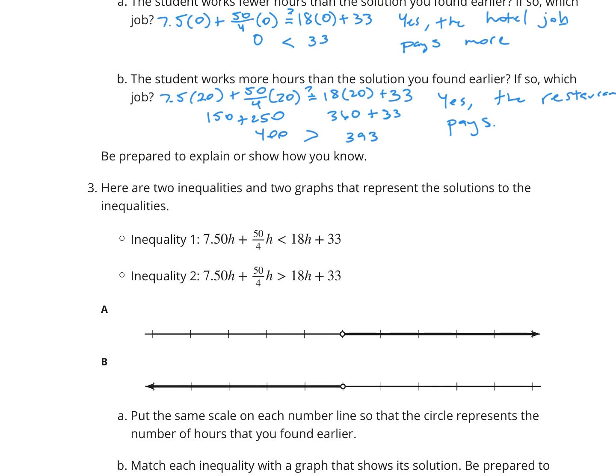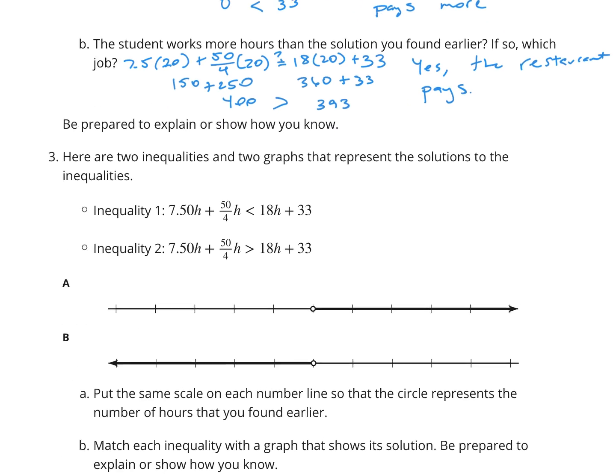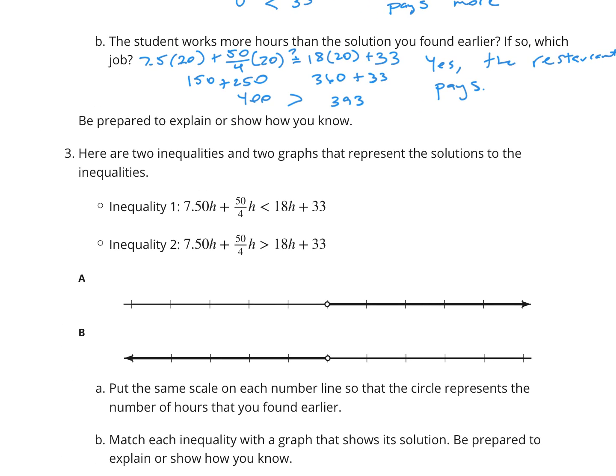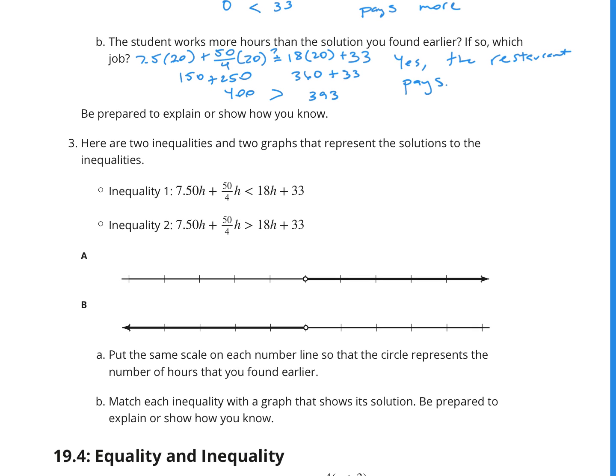All right, question 3 says here's 2 inequalities and 2 graphs that represent the solutions to the inequalities. It says put the same scale on each number line so the circle represents the number of hours. So we're just going to go with that same scale that we've used before. 17, 18.